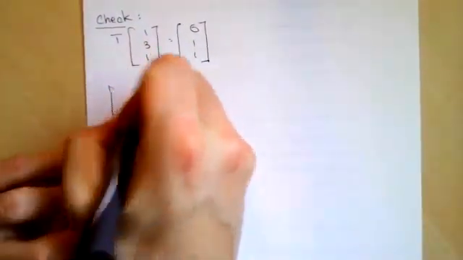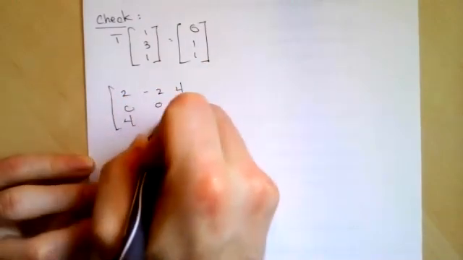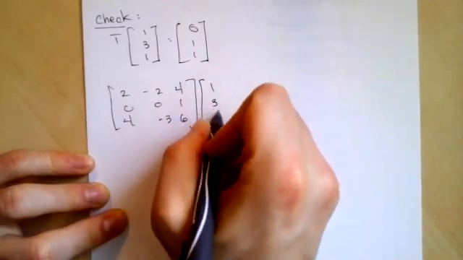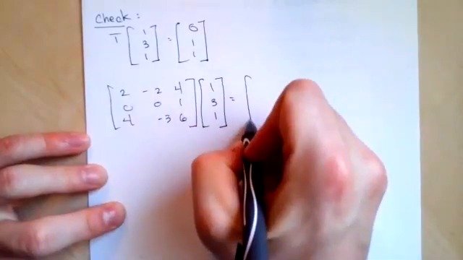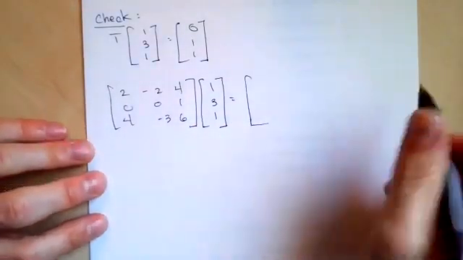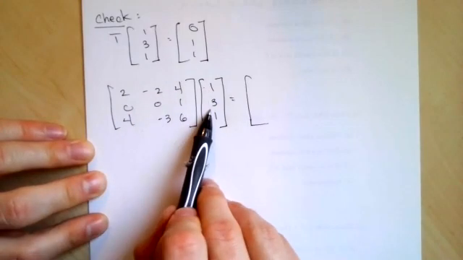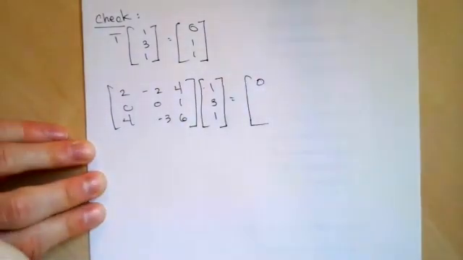And so what are we going to have? 2, -2, 4, 0, 0, 1, 4, -3, 6, acting on 1, 3, 1. And what are we going to get? So 2 times 1 is 2, negative 6 plus 4 gives us that 0.